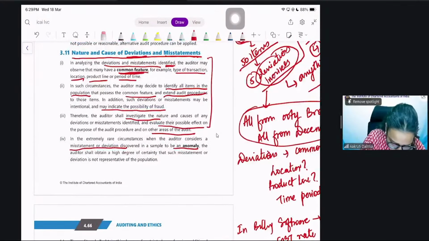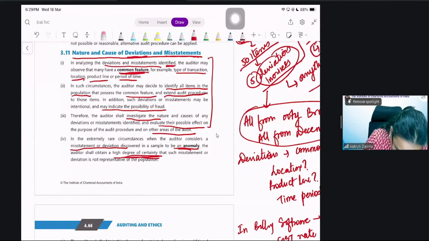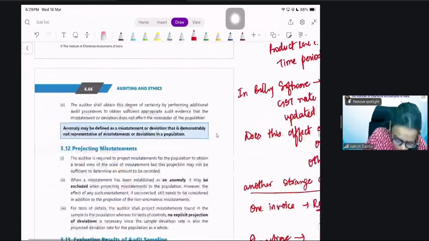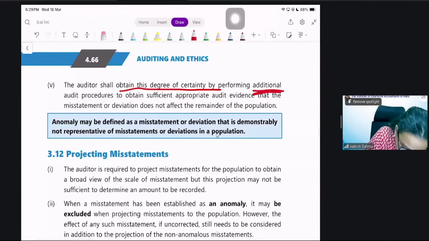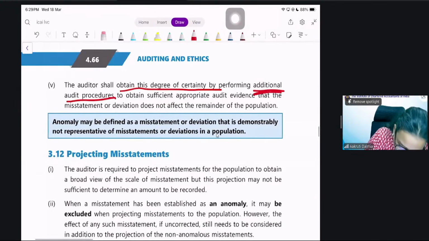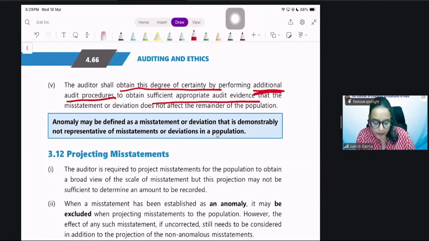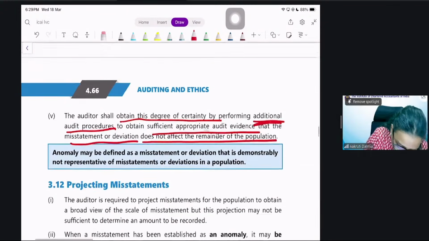In extremely rare circumstances, when a misstatement is discovered and it is an anomaly, you have to find a high degree of certainty that such misstatement is not representative of the population. The auditor can obtain this certainty by performing additional audit procedures to obtain sufficient appropriate audit evidence that this misstatement does not affect the remainder.